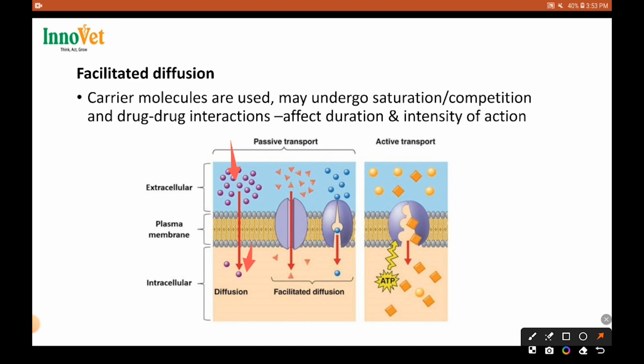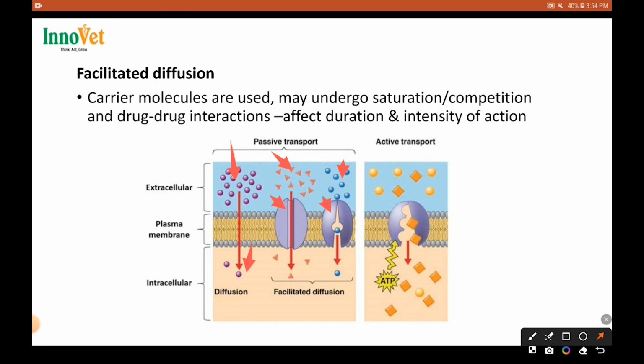We have facilitated diffusion, where the molecules require carrier molecules to transport them across the lipid bilayer or the membrane into the bloodstream. We can see these triangular looking molecules, which are specific for their own carrier molecule, and these round or circular molecules, also being specific for their own carrier molecules.